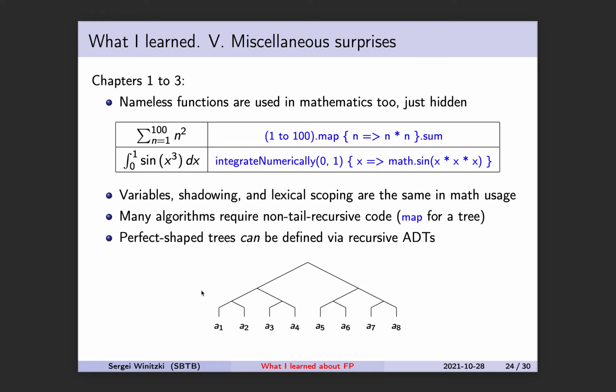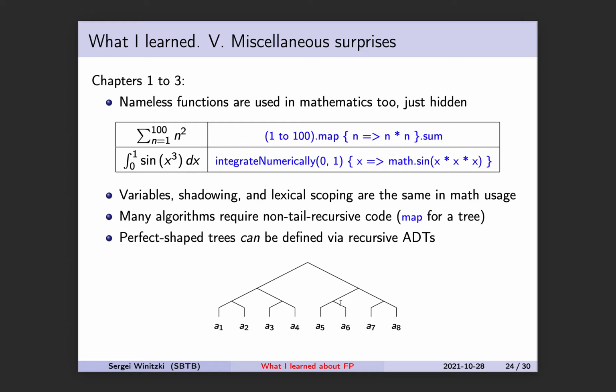Another surprise for me was that there is a data structure that is called perfect shaped trees. So trees that have exactly the same branching at every point, and they have exactly the same depth at every point. So for instance, a perfect shaped binary tree looks like this at depth 3. It was not something I expected, that you can actually define a type that will describe precisely those trees and no others.